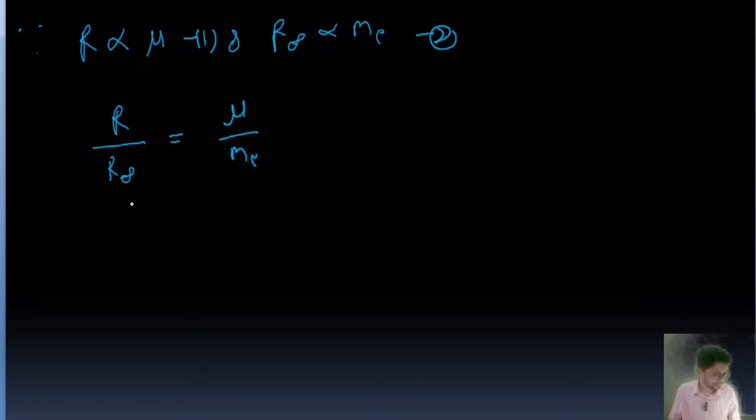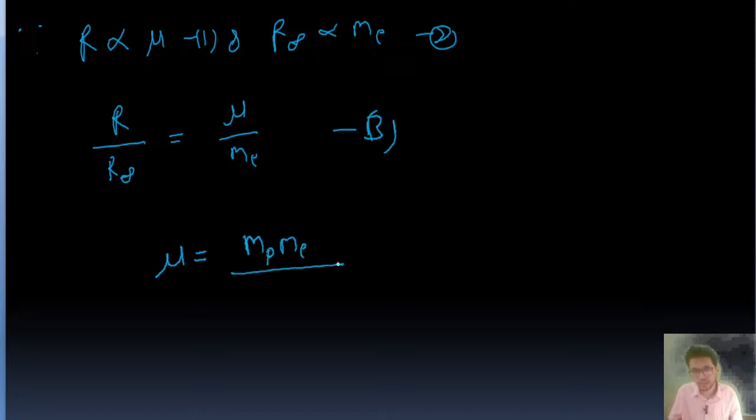Now what we are going to do is find mu first. This is equation 3. We know that mu is M P into M E upon M P plus M E, or we can say the mass of nucleus.